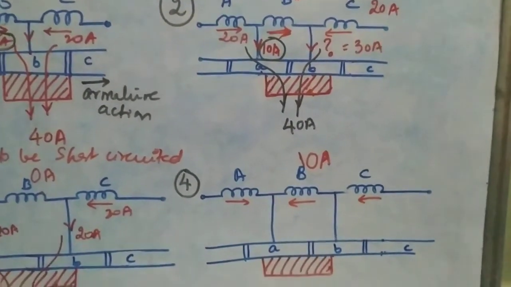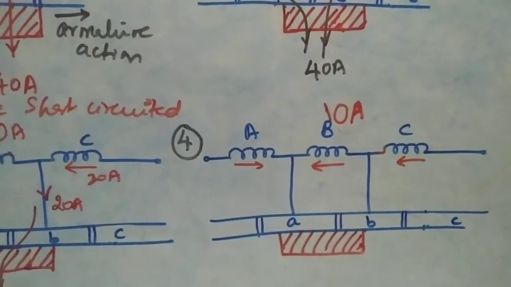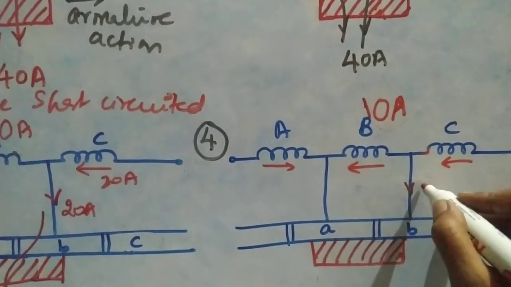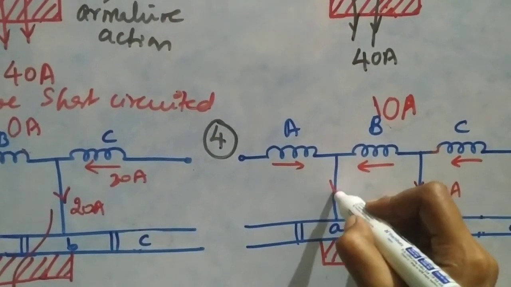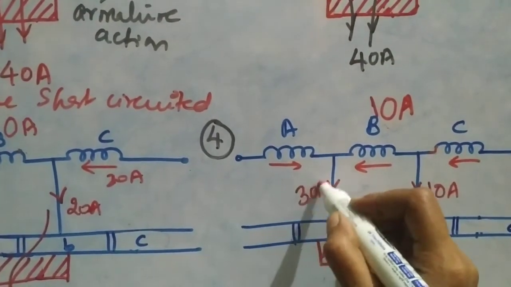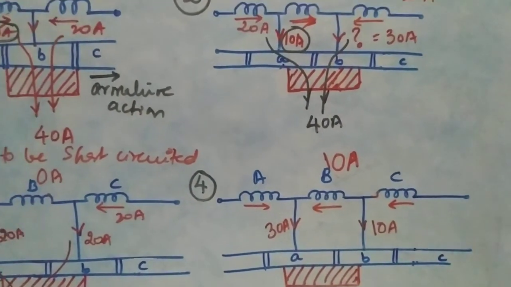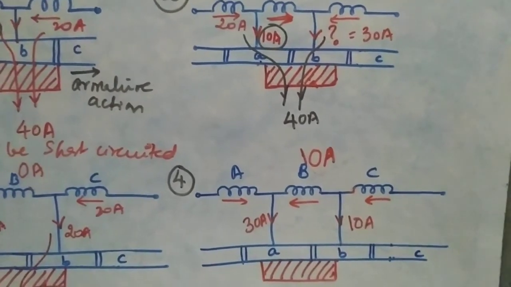Again you can cross check how much current will flow here. In this part you will find the reduction of the current will be 10 amperes, and here you will find 30 amperes of current will keep increasing, because the contact surface under segment A is getting increased, right?